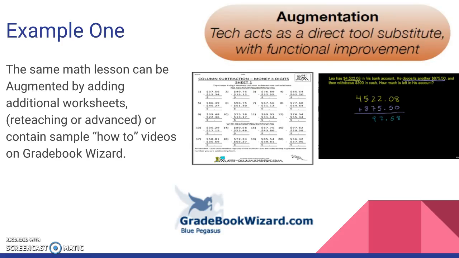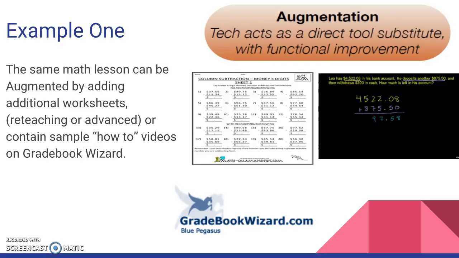As you're moving along, it says the same math lesson can be augmented by adding additional worksheets or reteaching or advanced worksheets. So students that need to look at a concept they were struggling with or couldn't understand, or even the ones that are advanced and have moved on, all of those samples can be found on Gradebook Wizard.